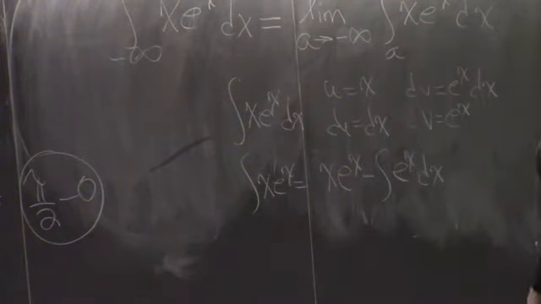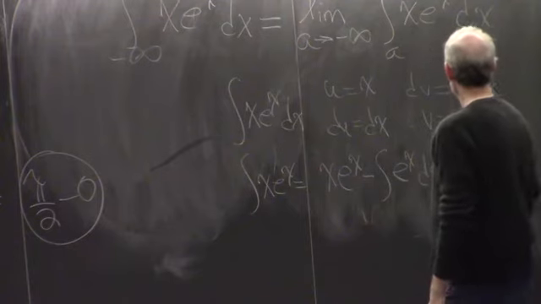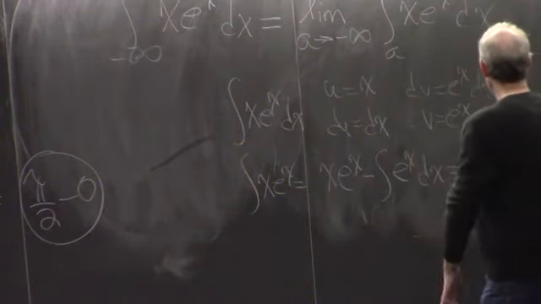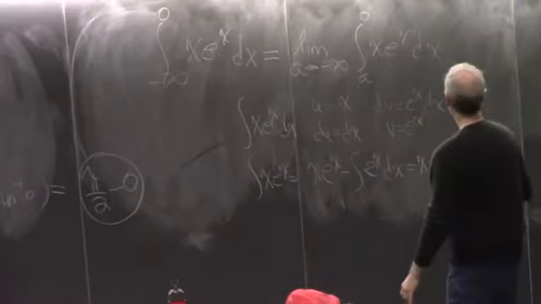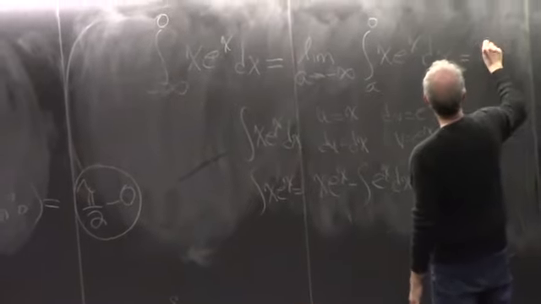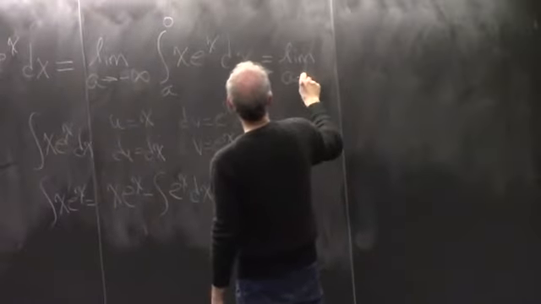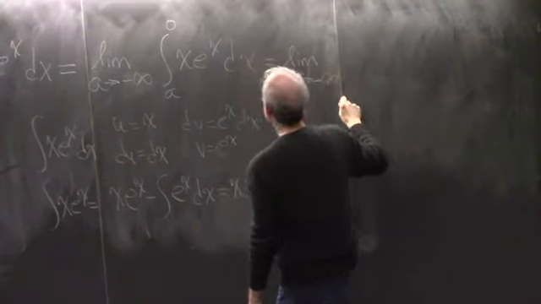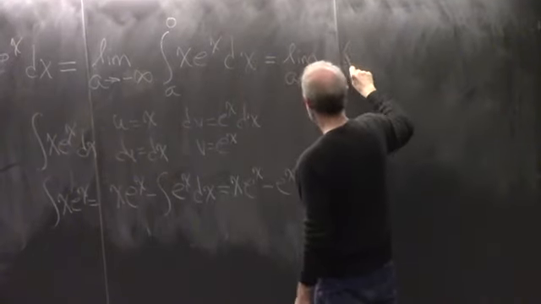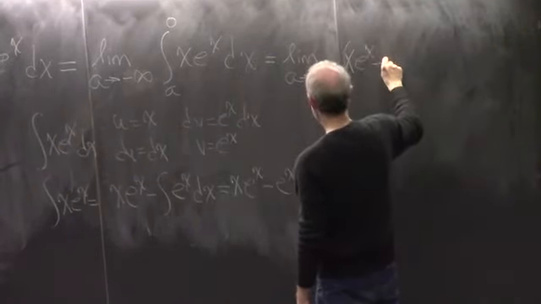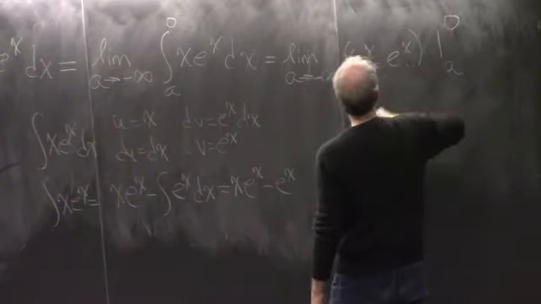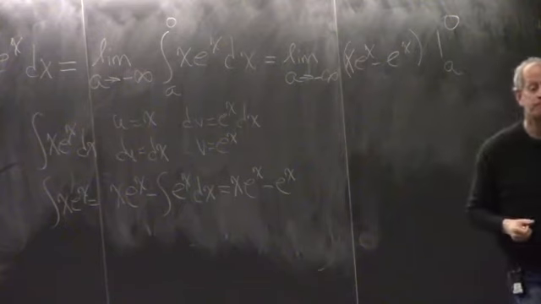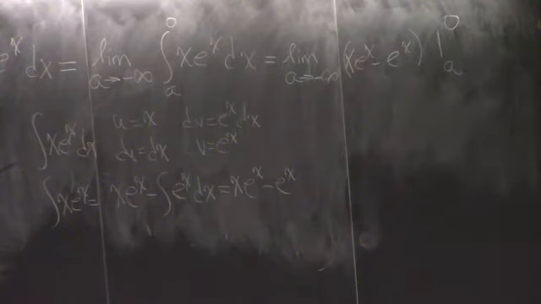And that is x e to the x minus the integral of e to the x, which is e to the x. Okay? So this becomes the limit as a goes to negative infinity of x e to the x minus e to the x from a to 0. Plugging in 0 is always fun.